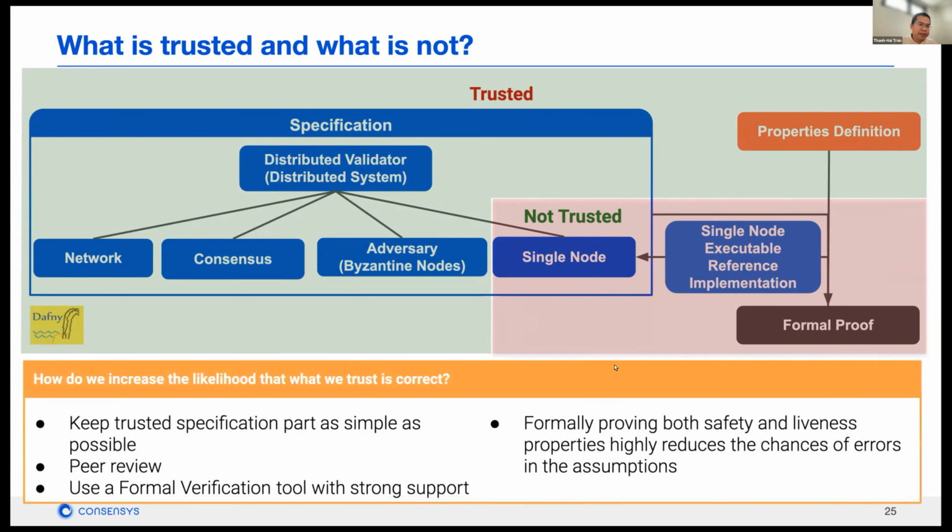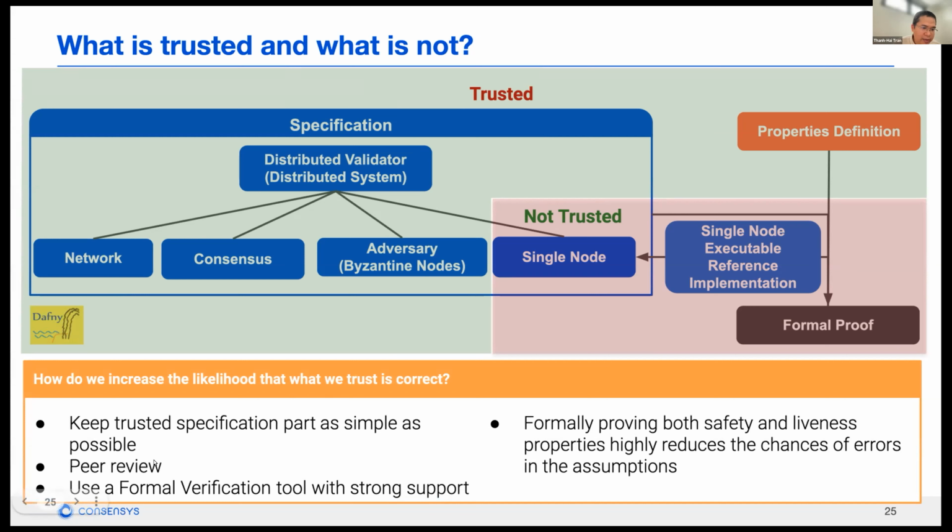And how can we increase the likelihood that what we trust is correct? We apply the 4 following steps. First, we keep the trusted specification part as simple as possible. So the number of code lines for trusted parts is very small compared to the non-trusted part.